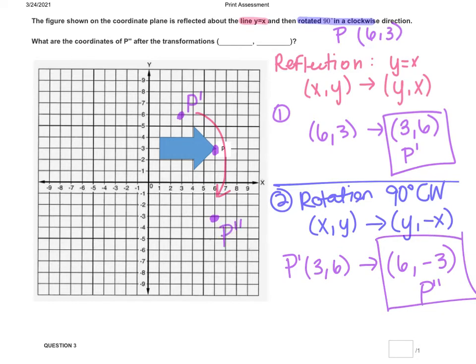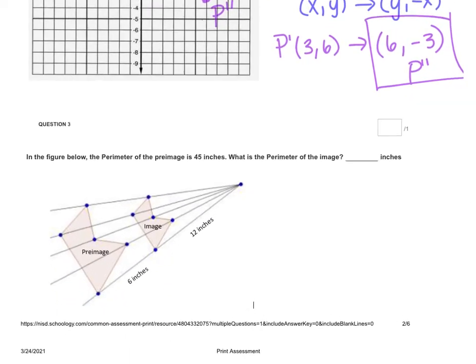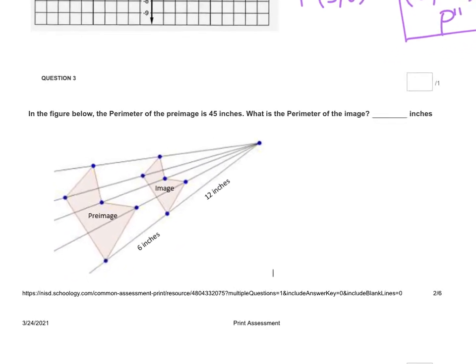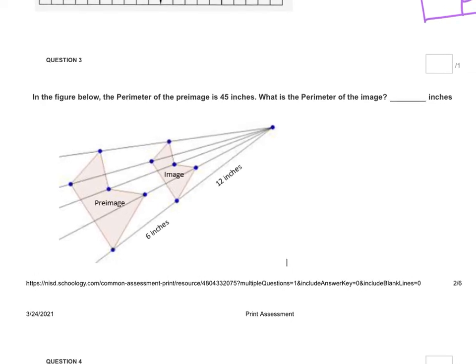Okay, so continuing on, now we are looking at a perimeter with pre-image and image. So in this situation, what is the perimeter of the image? So we're given a pre-image right here. We're told this is 45 inches. So let's highlight this. So our pre-image is 45 inches.